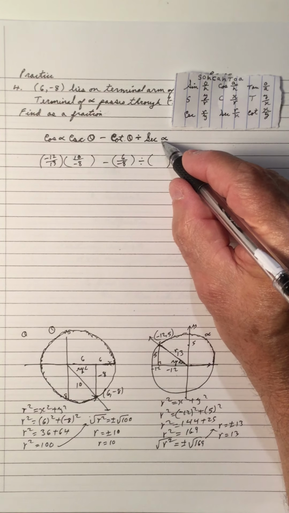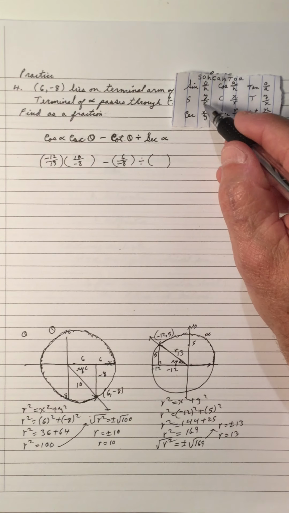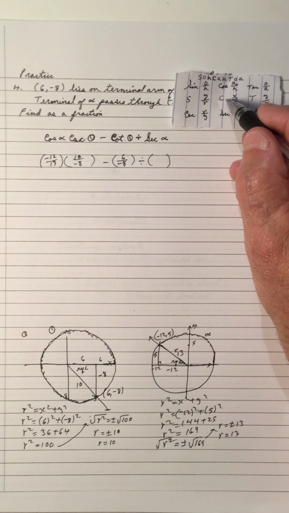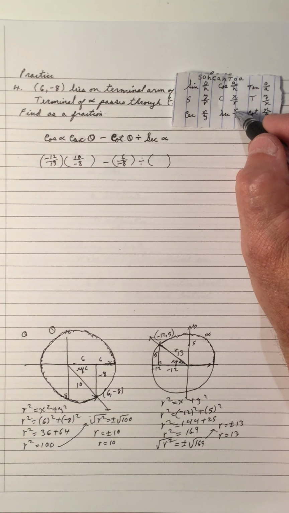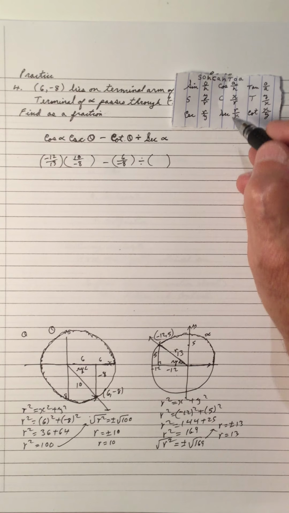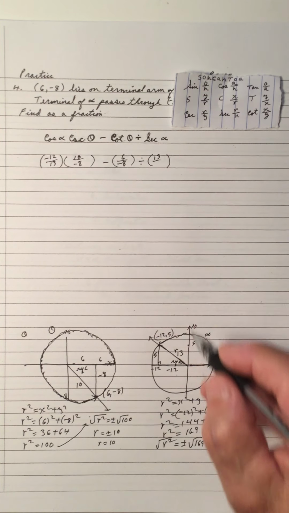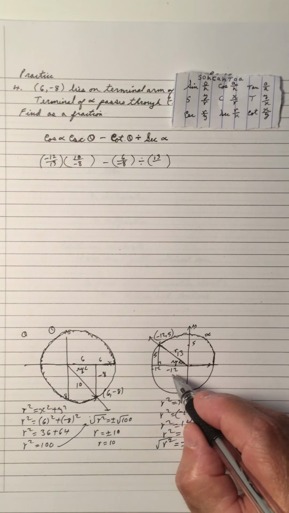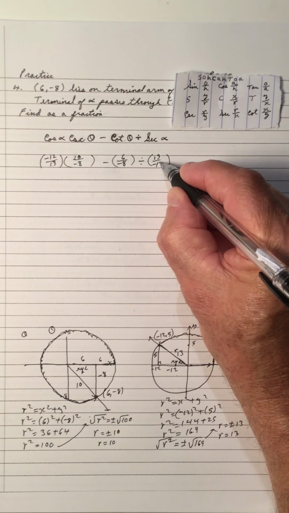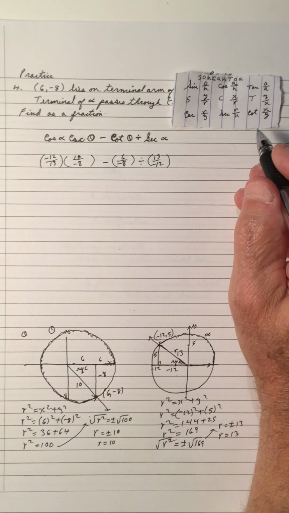And I have secant. Secant is the reciprocal of cos. So cos is x over r. I have r over x. So r is 13 divided by x, and the x is the negative 12. So I have them filled in.